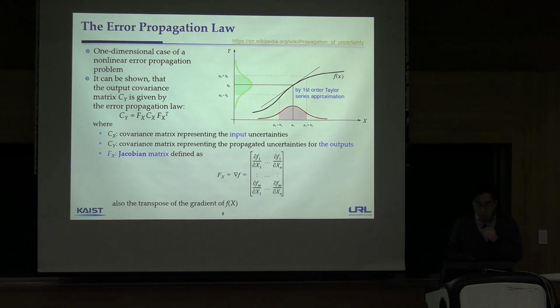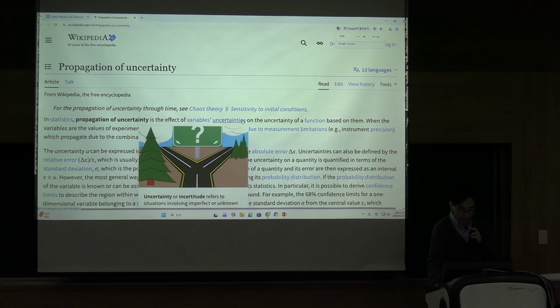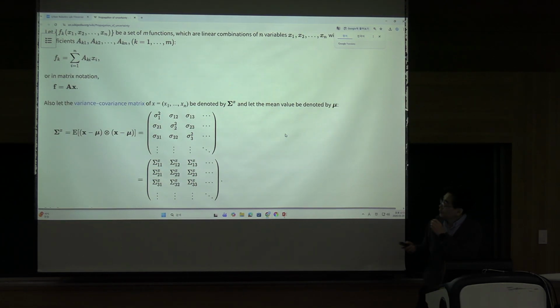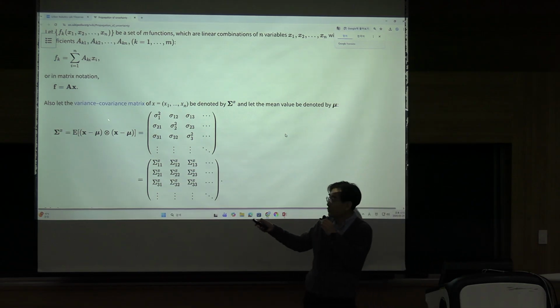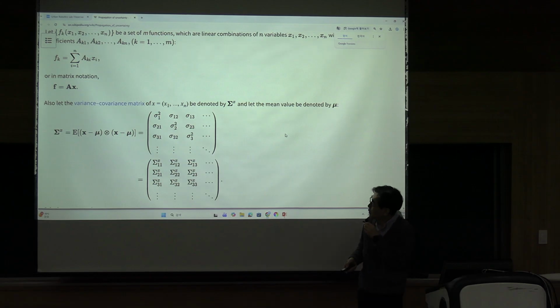You can use this law, and it is quite simple, as you can see on this Wikipedia page. If you visit this website, you can see a mathematical illustration of how we obtain it. If f is ax, this is a linear equation, then you get the covariance of x using the conventional equation, expectation of x minus mu squared. You know that.